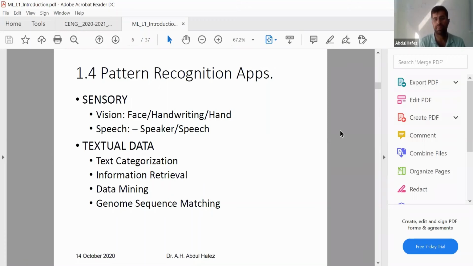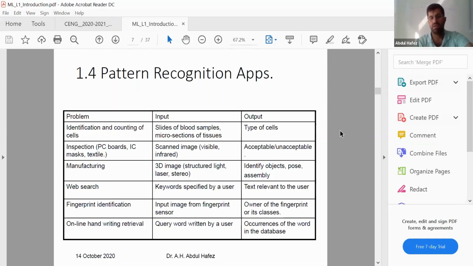So we need to do some processing on them, recognizing a certain segment of sequences. This is also an application of machine learning and pattern recognition. Also, I can see here in this table a lot of applications.